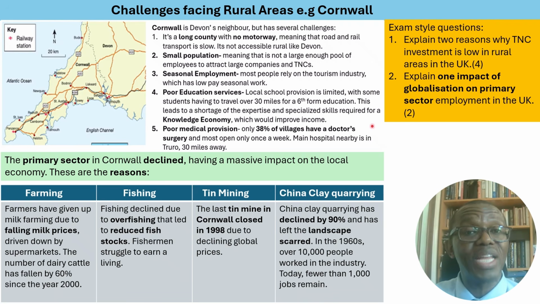And we know that in areas where accessibility is low, then moving around in such areas becomes quite expensive. Then the other problem that Cornwall has is that it has a very small population. So that then means that it does not have a large pool of potential employees, and as a result the amount of investment from businesses and TNCs will be low as a result.